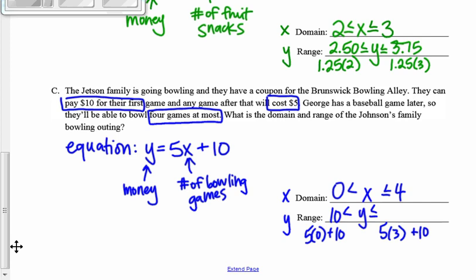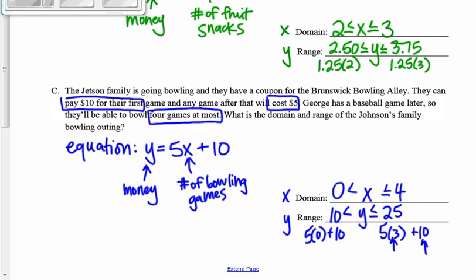Remember that 10 is the first game. So if we're talking about bowling a total of 4 games, we have the 10 that represents 1 game, and then we have 3 more. So that's kind of tricky. You got to reason through that. So 5 times 3 plus 10 would be 25. 25 is the most that they will spend at bowling.